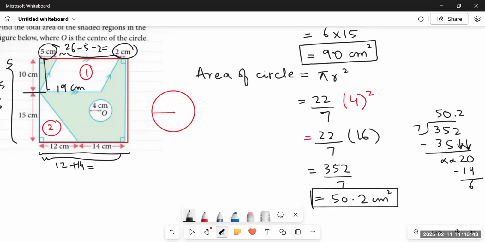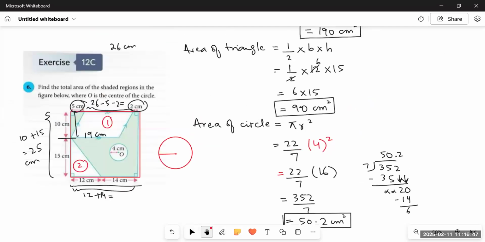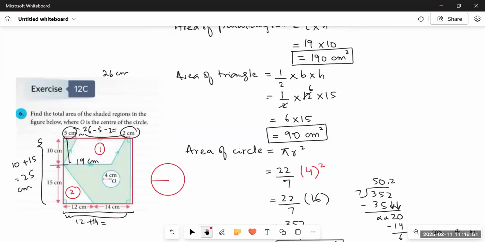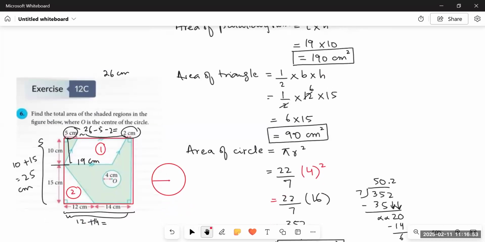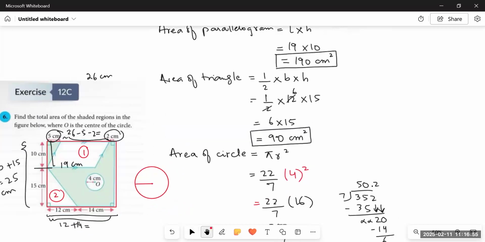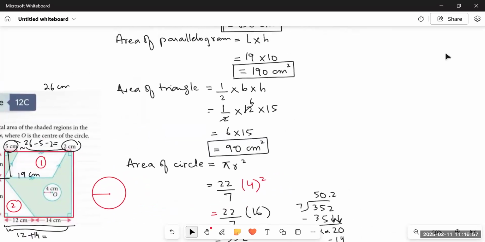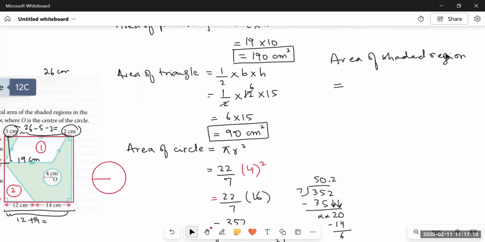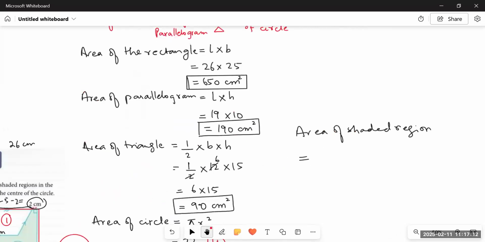Now, since we have found the areas of the parallelogram, the triangle, and the circle, all we need to do is add up the areas of these three unshaded regions, right? And then we will subtract it from the whole rectangle. So the area of the shaded region would be the area of the whole, that was 650.